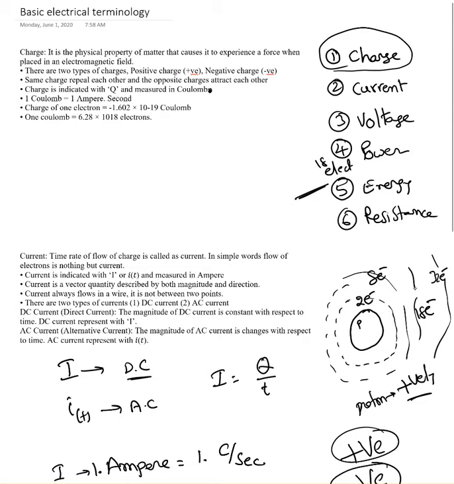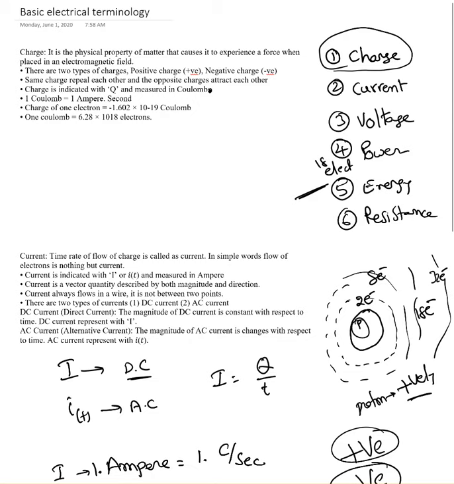Electrons are negatively charged, and protons inside the nucleus are positively charged. There are two types of charges, positive and negative. Opposite charges attract each other, and same charges repel each other.